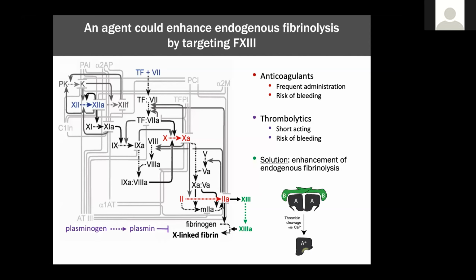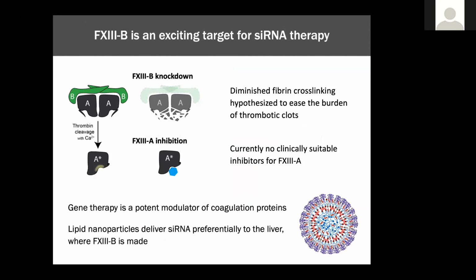Researchers have been working on this idea for a while, but inhibitors for active factor 13A still do not meet the criteria for many long-term in vivo studies. So instead, we are taking a new approach, using siRNA to knock down the B subunit of factor 13.